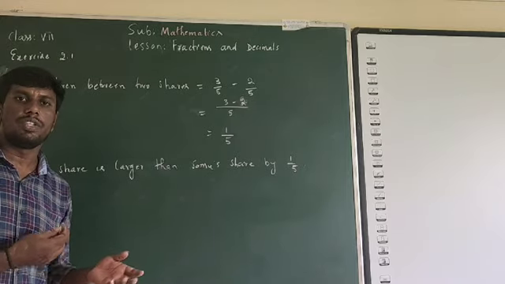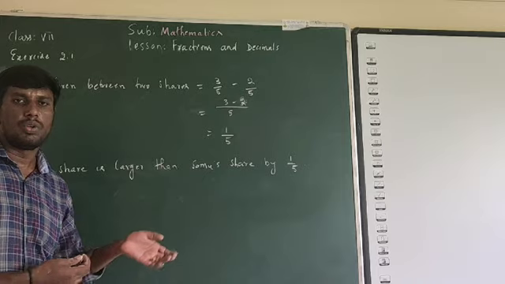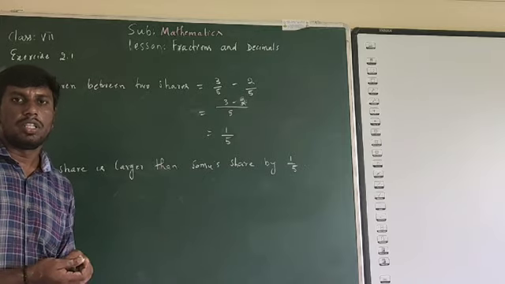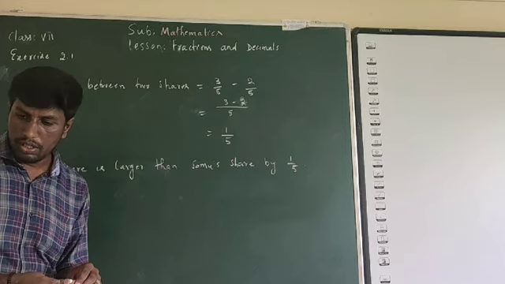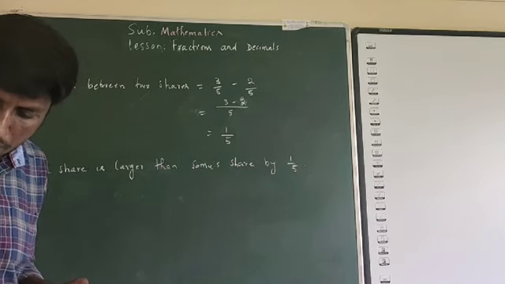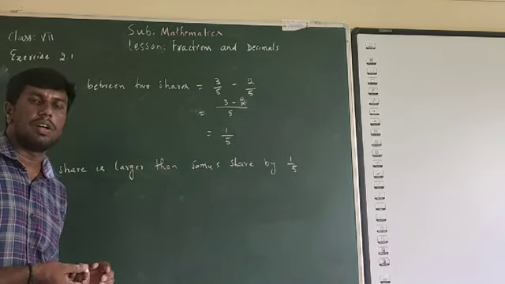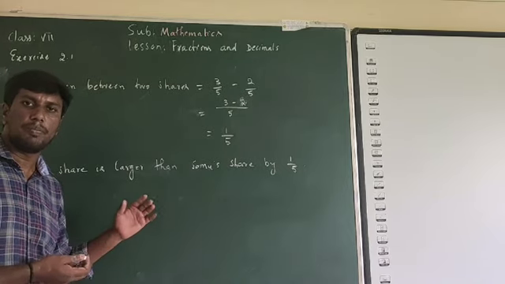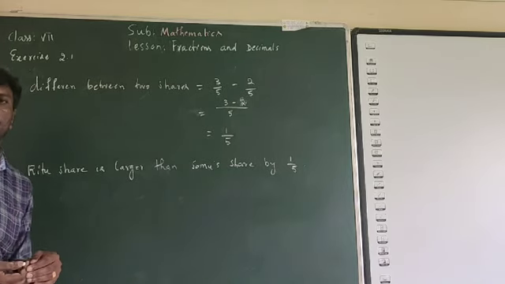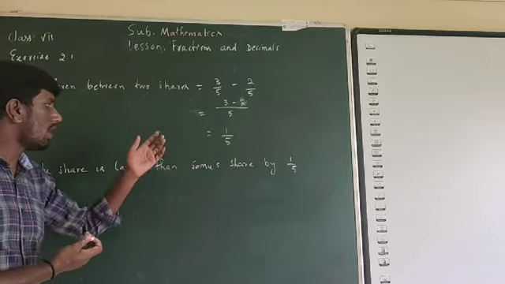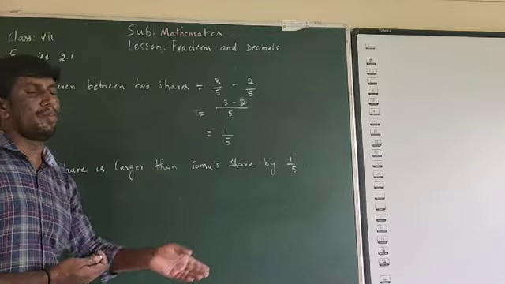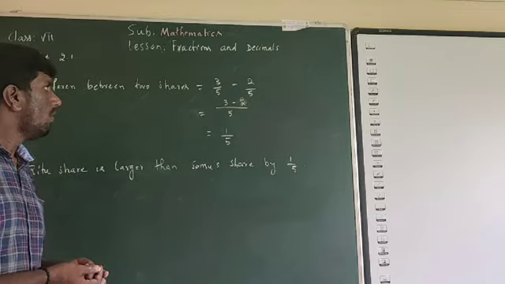You should bring them to like fractions, then find out which is larger. Then they have asked by what fraction it is longer. In order to find that, you should take the difference between those two fractions.